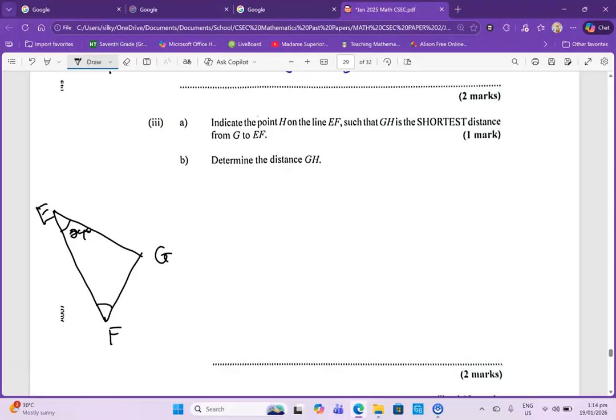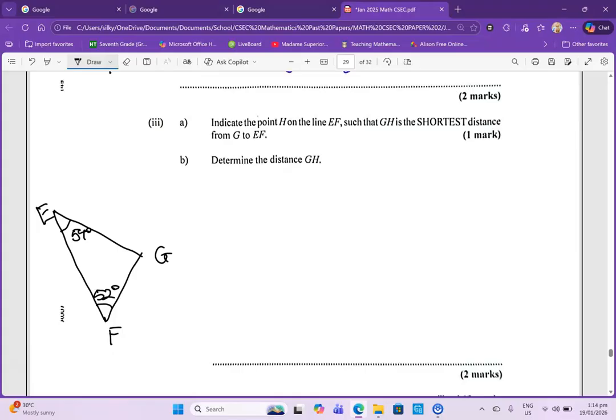I'll put in the 52-degree angle, but I'm not going to put in the 74-degree angle. You'll see why just now. So I'm just going to fix this here. And I apologize for my stylus.